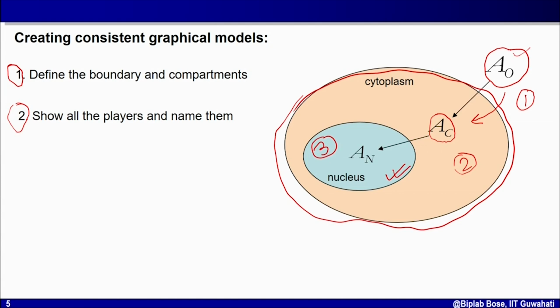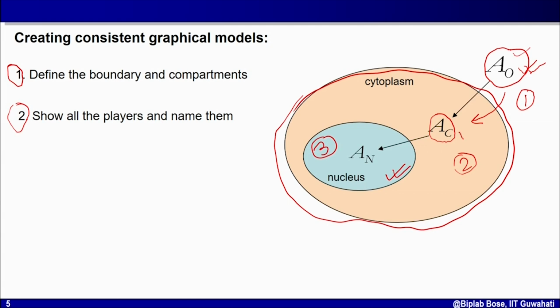This type of naming the same molecule by a different name when it is in a different compartment has a particular advantage. Because now I can count and keep track of how many A are present outside the cell, because I will record the number or the values of that as the value for AO.